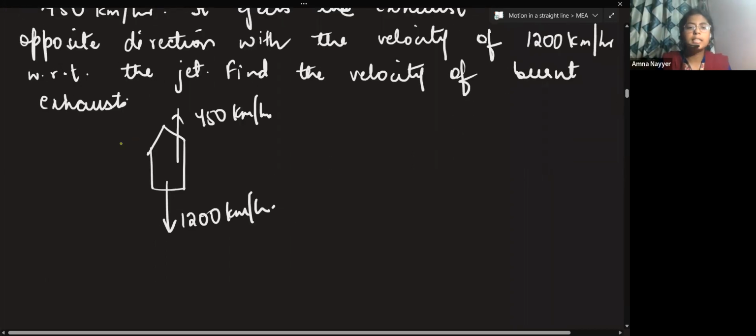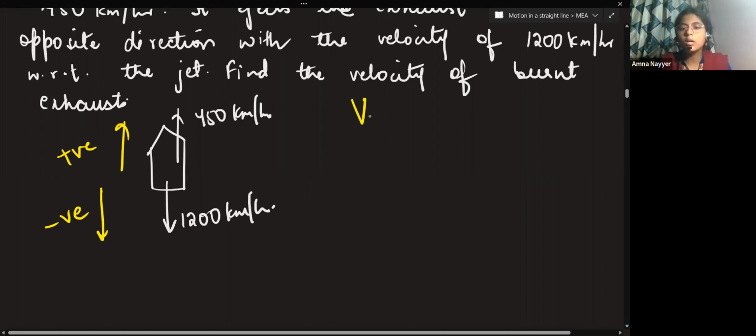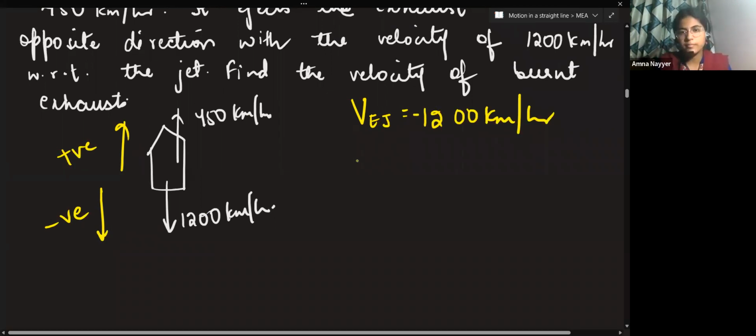So let's take upwards as positive and downwards as negative. So velocity of the exhaust with respect to jet is given as 1200 kilometer per hour. It's in the downwards direction. Let's add a negative sign.